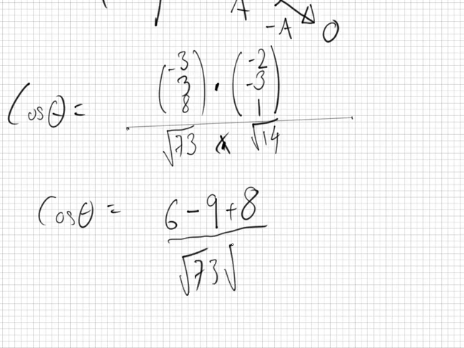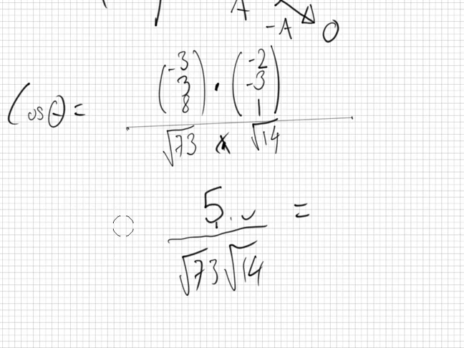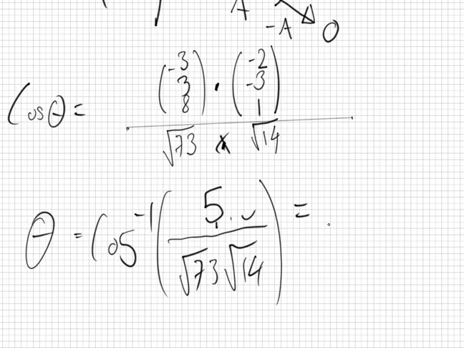Okay, what's that fraction? Well, hang on. 6 minus 9 is minus 3 plus 8 is 5, so I can just change that to 5. Sure, we might as well do it in one step. Theta is cos inverse of that. So what does that equal?